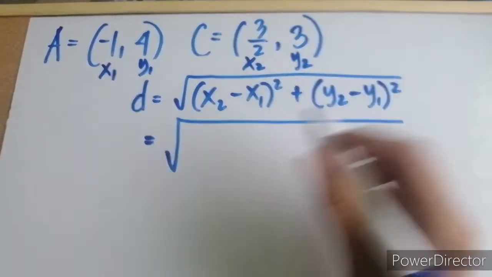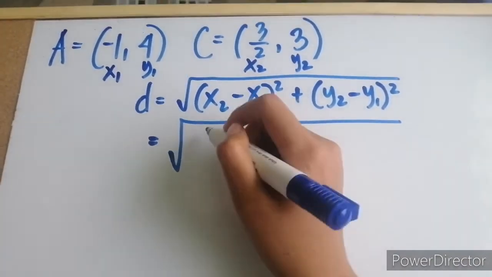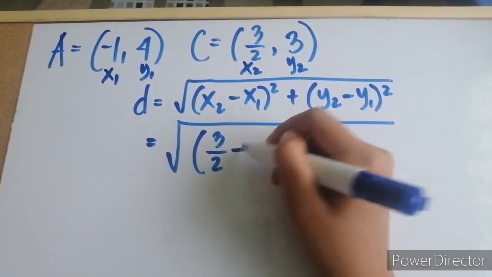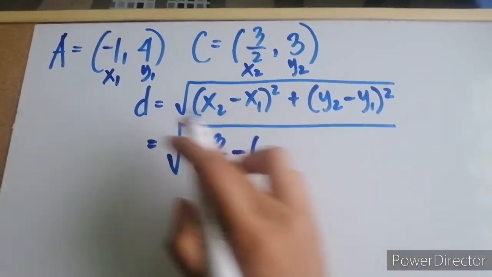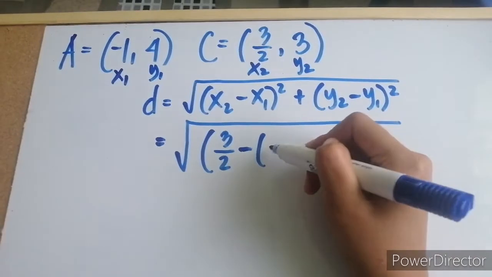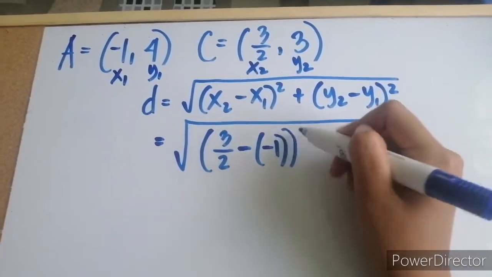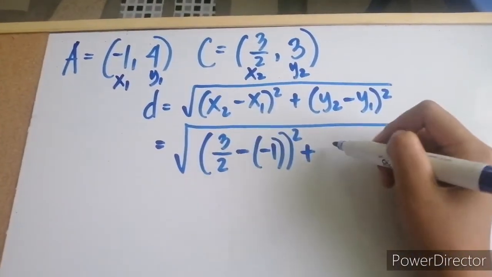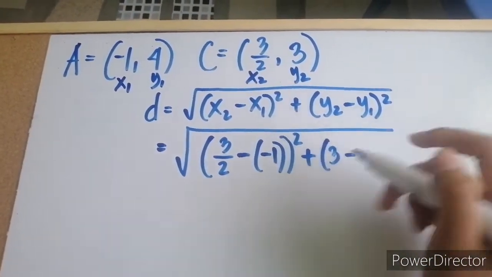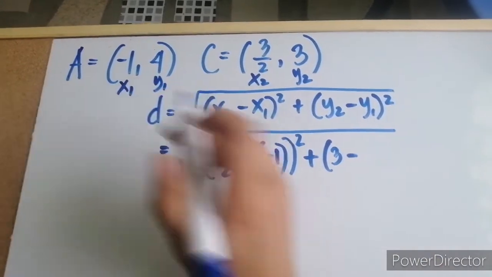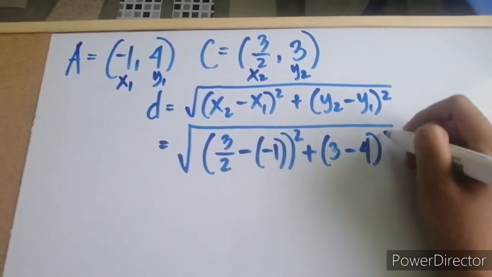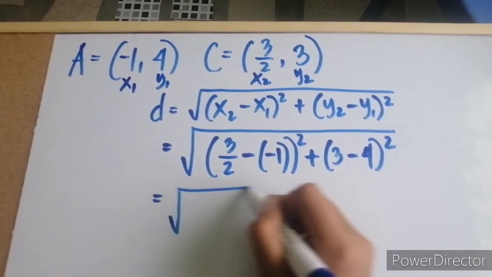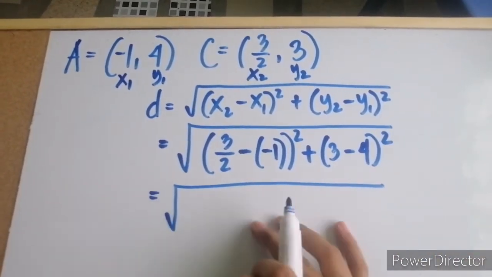Square root, our x sub 2 is 3 over 2 minus our x sub 1, negative 1, squared, plus our y sub 2, which is 3, minus our y sub 1, which is 4, squared. Let us first simplify our numbers inside.